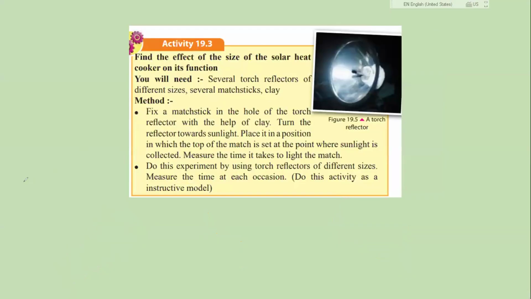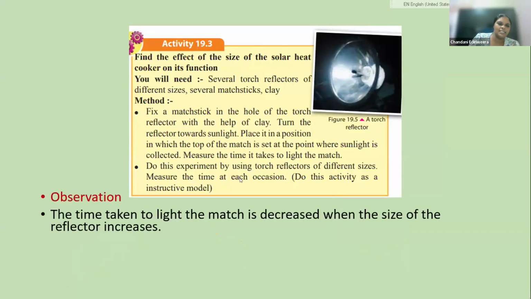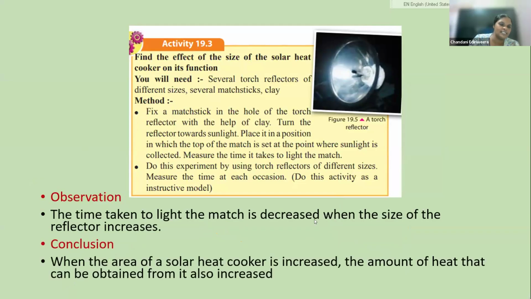Not a lens, it's a mirror. Right? So what you can see here is the time taken to light the match is decreased when the size of the reflector is increased. When the area of the solar heat cooker is increased, the amount of heat that can be obtained from it also increases. Right? So I think you can understand here, madam.